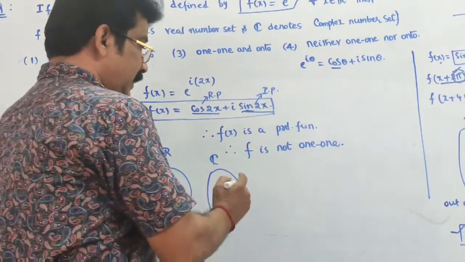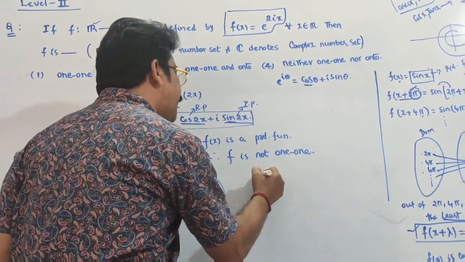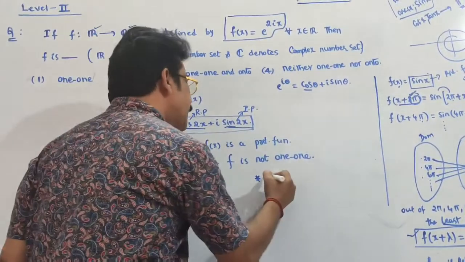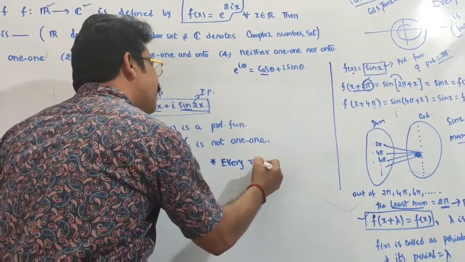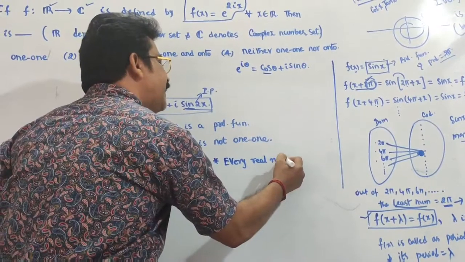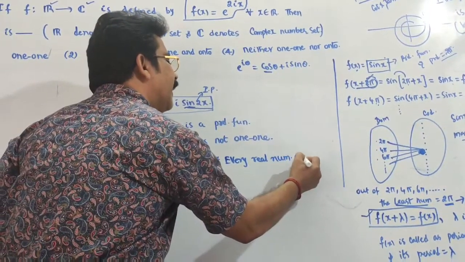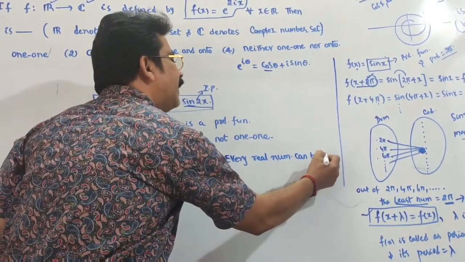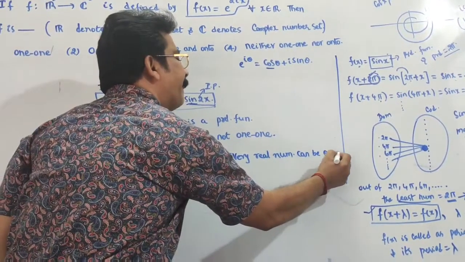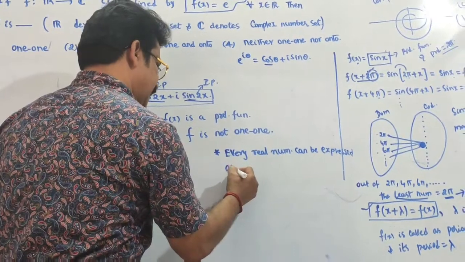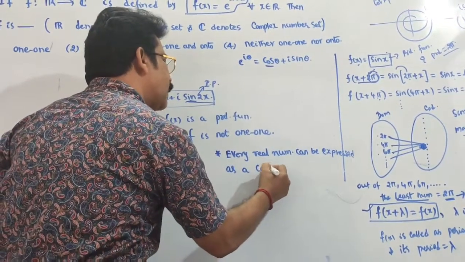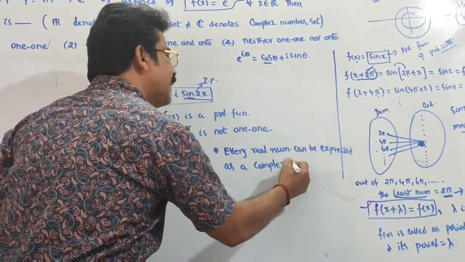Remember, in this theory, point number 1: every real number can be expressed as a complex number.